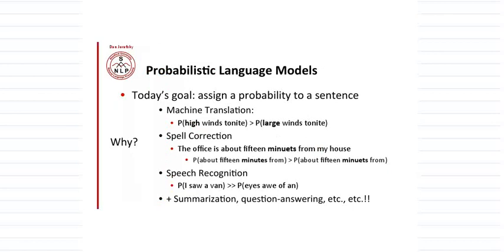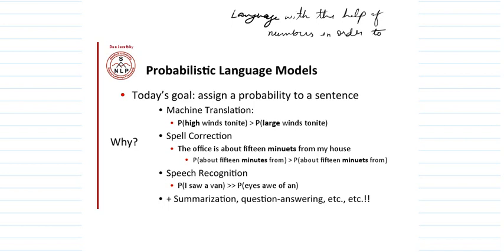We need to represent a sentence or some language with the help of numbers in order to use it in machine learning.